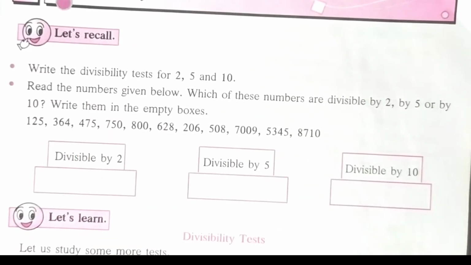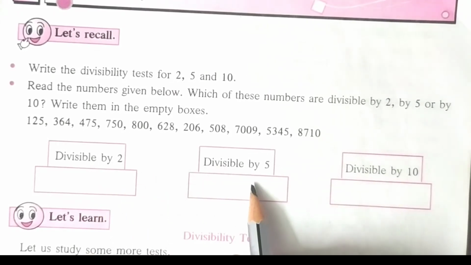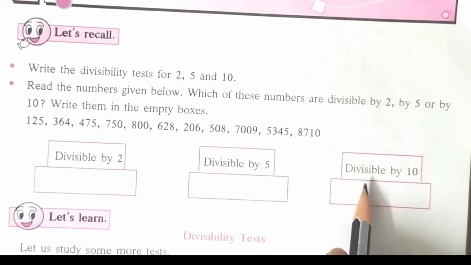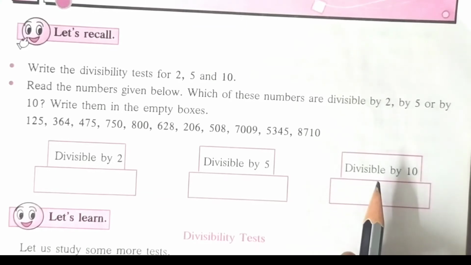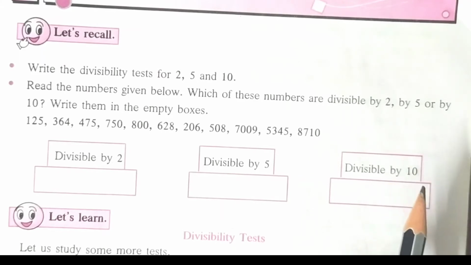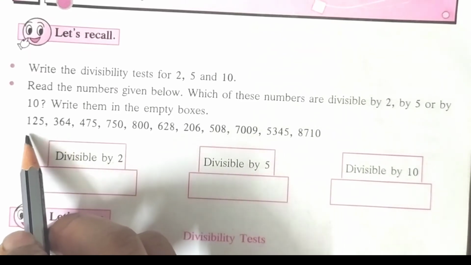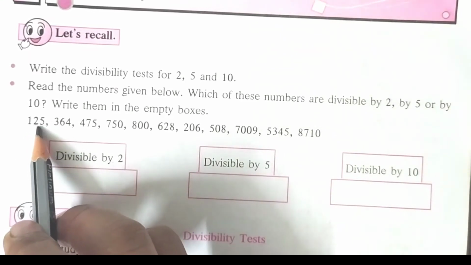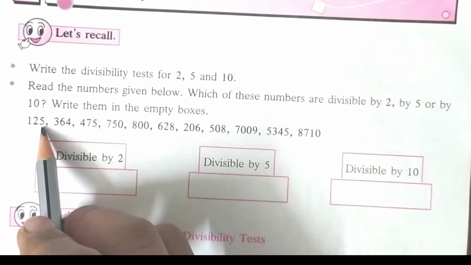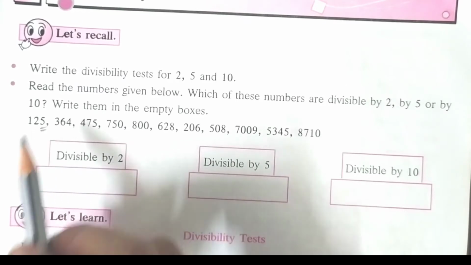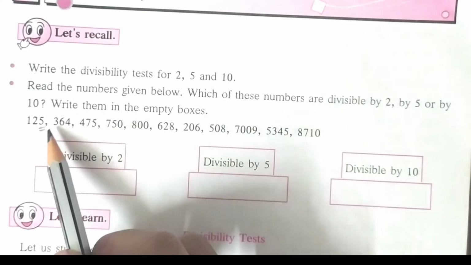To identify numbers divisible by 2, 5 and 10, we have to just look at the unit place of each and every given number. So here the number is 125 and its unit place is 5.